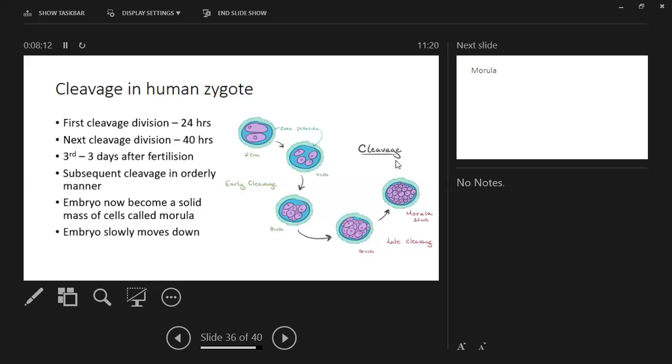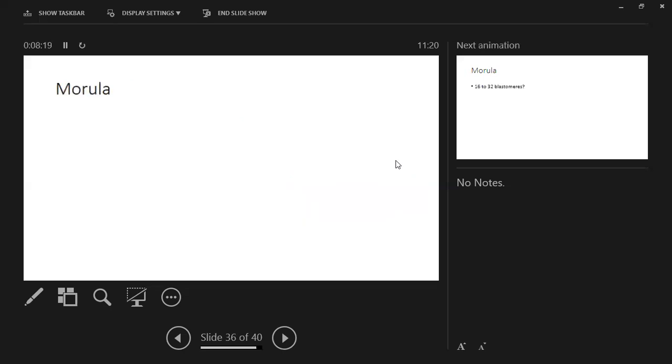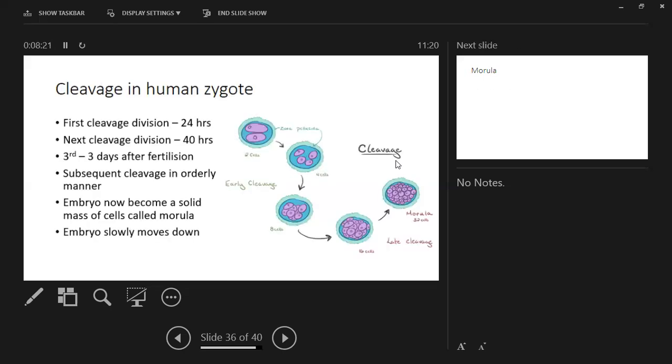After the morula stage, from the fallopian tube, it will slowly move down. It has to come to the uterus. So here you can see 2 cells, then 4 cells, 8 cells, 16 cells, 32 cells, morula. The zona pellucida is still there.